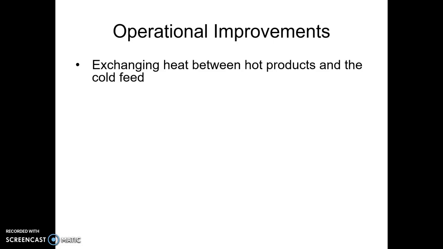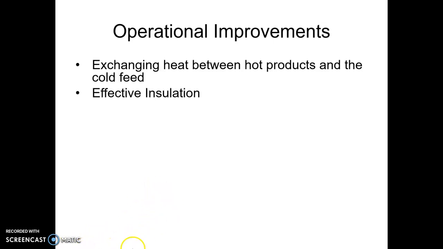So first and foremost, as I think I also narrated in one of the earlier videos, you can exchange heat between hot products and the cold feed. So your feed which is entering the distillation column can exchange energy with the products which are leaving the distillation system. Next, you can provide effective insulation.